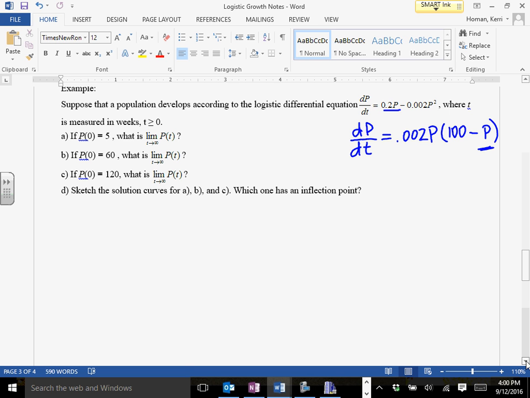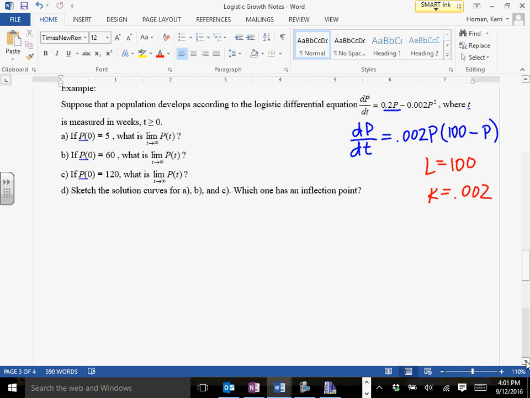We need this to be P with a coefficient of 1, which is why we factored out the 2 1/1000ths. So now we can identify our L value to be 100 and our K value to be 0.002. Okay?